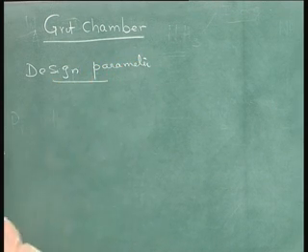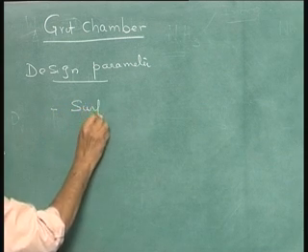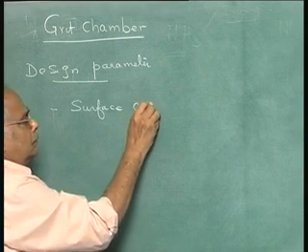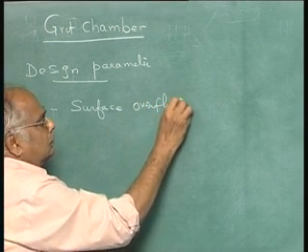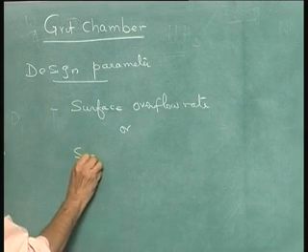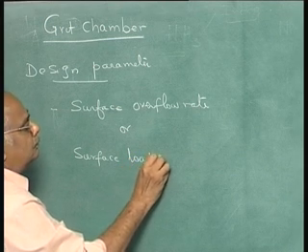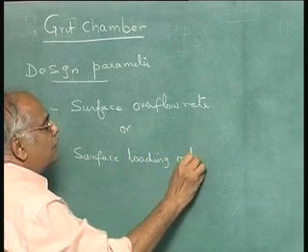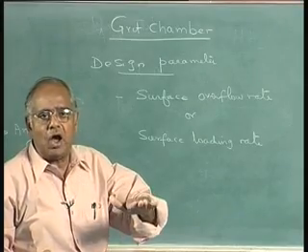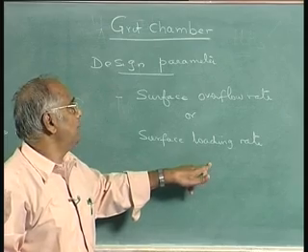One of the important design parameters for this is what is called the surface overflow rate, which we will discuss in the sedimentation tank. This is also called the surface loading rate. Surface loading rate is nothing but the rate at which the surface area of the grit chamber is loaded with the flow.